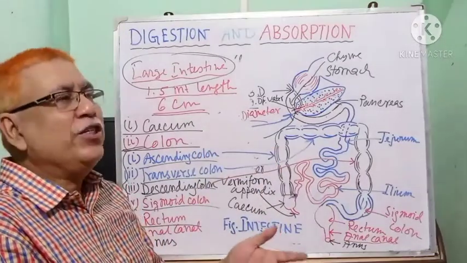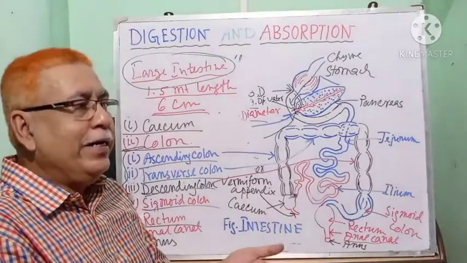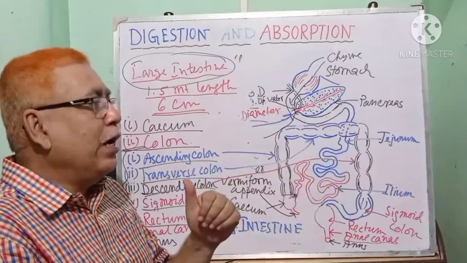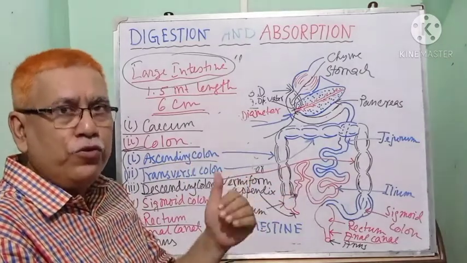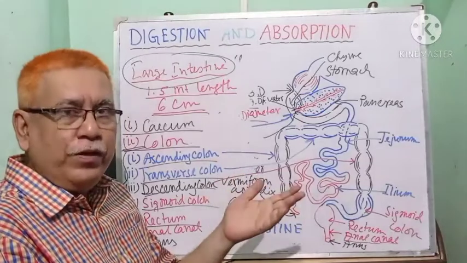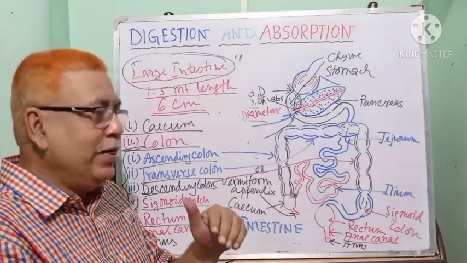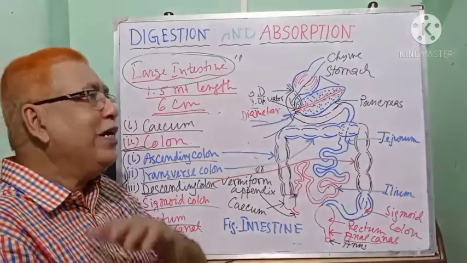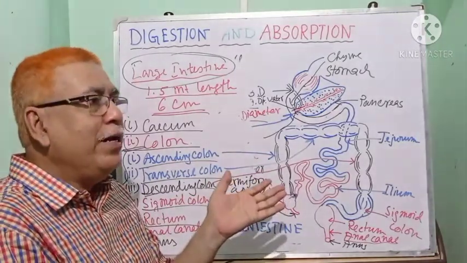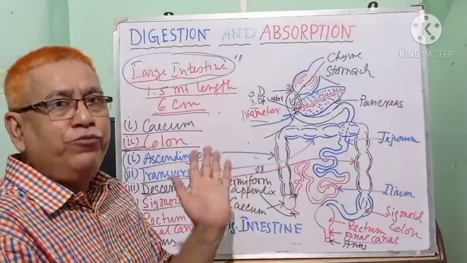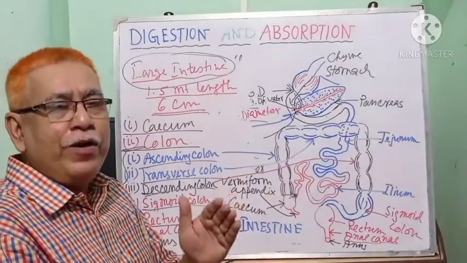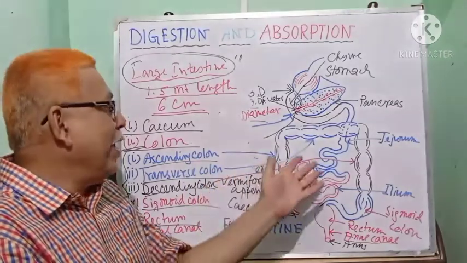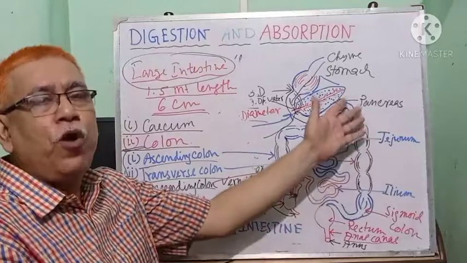Digestion of carbohydrate, protein and lipid takes place, and after digestion, glucose is produced from carbohydrate, amino acid from protein, and fatty acid and glycerol from lipid. And after digestion is complete, then absorption of glucose, amino acid, fatty acid and glycerol takes place from the small intestine.